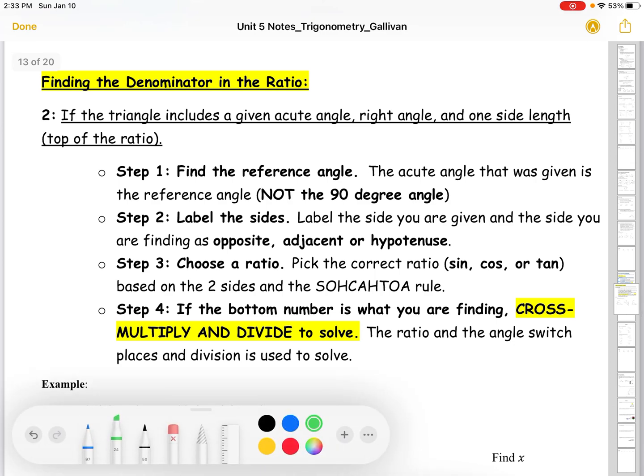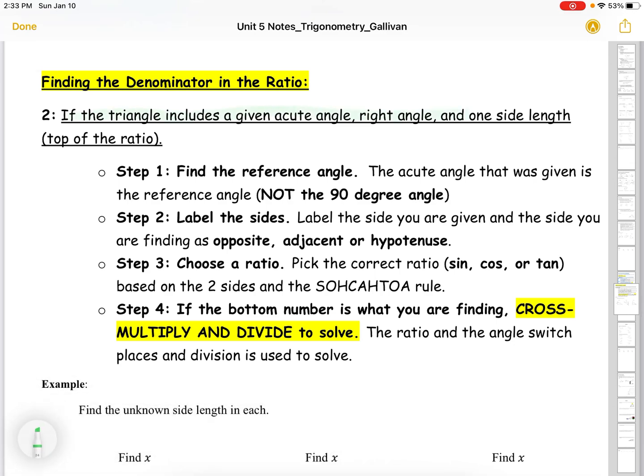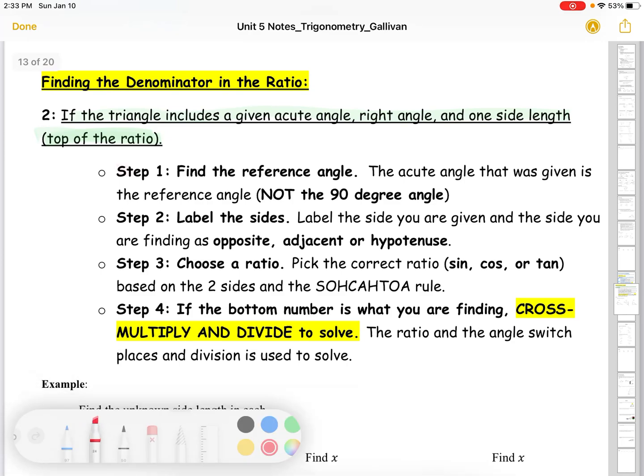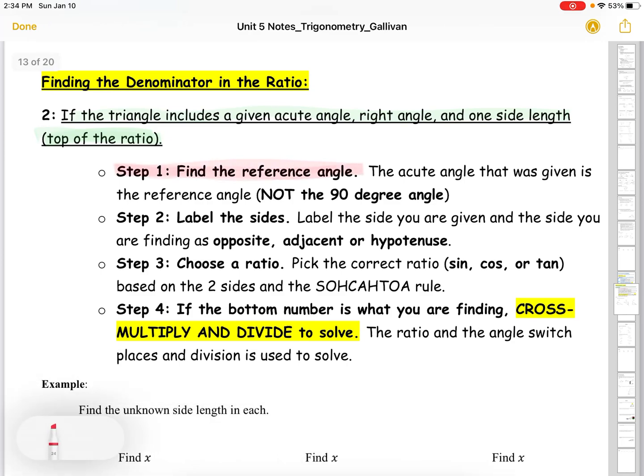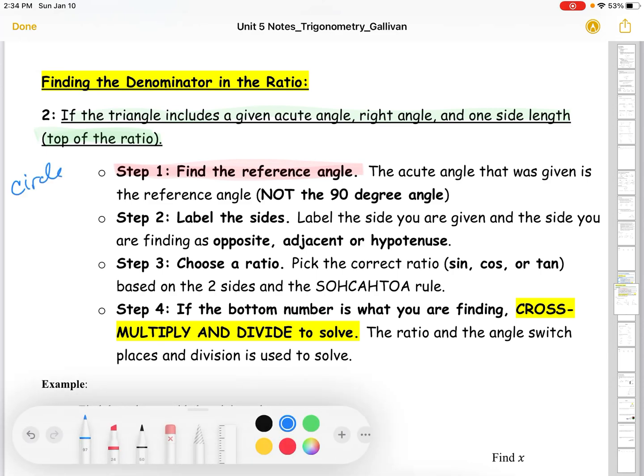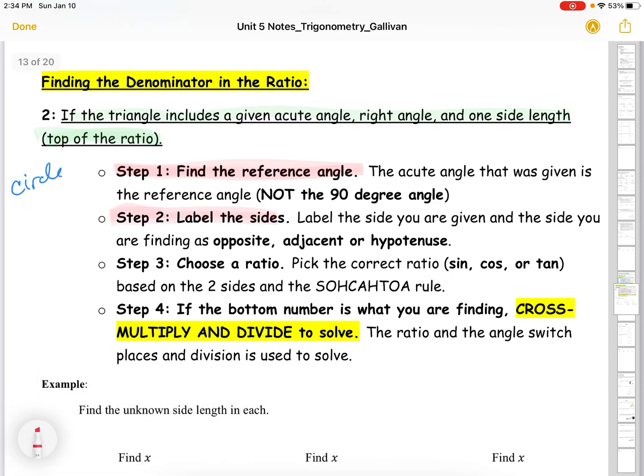So, if the triangle includes an acute angle, right angle, and one side length that is the top of the ratio, so we have x in the numerator, this is the procedure. First, you're going to find a reference angle. As I like to say, that's a circle. Then you are going to label the sides, circle label.